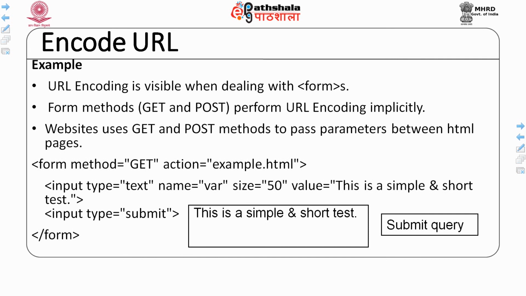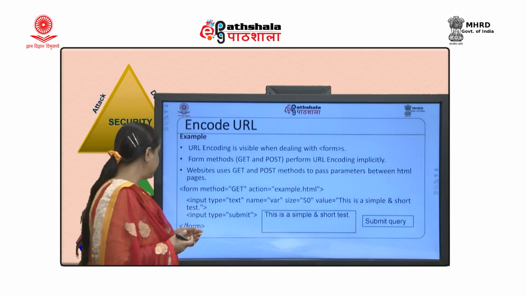Those who have done web programming are familiar with the get and post methods. For what purpose are the get and post methods? They are for passing parameters from one form to another form, or in other terms, to pass parameters between HTML pages.